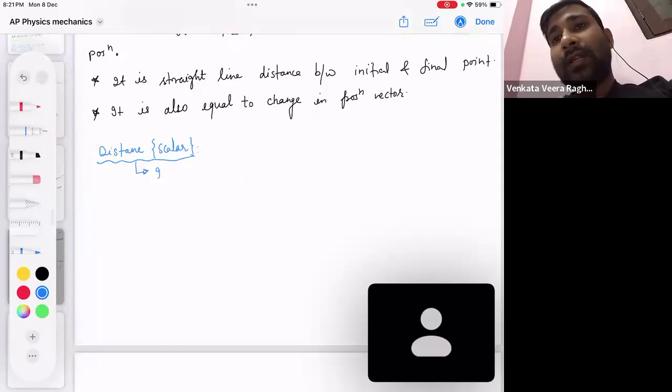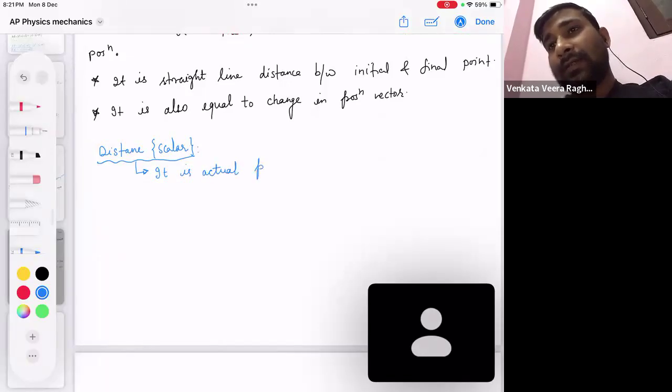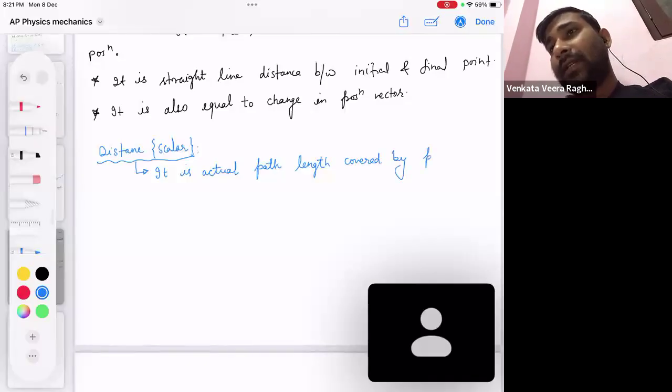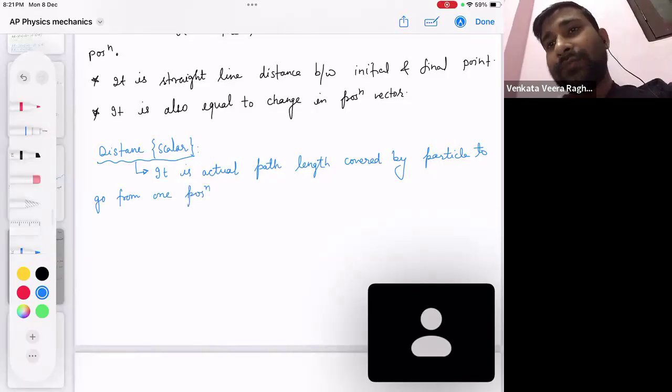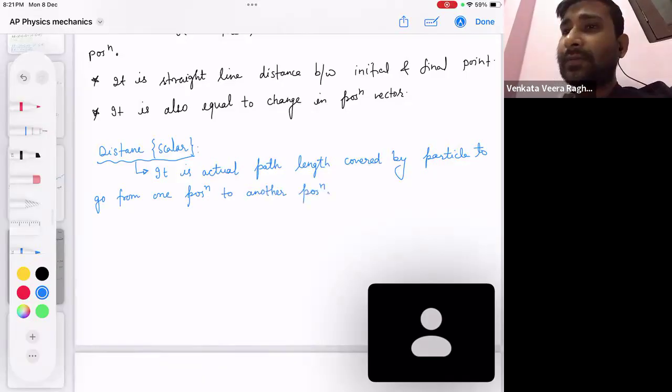Yes, it is the actual path length, the path length covered by the particle to go from one point to another point, or one position to another position.